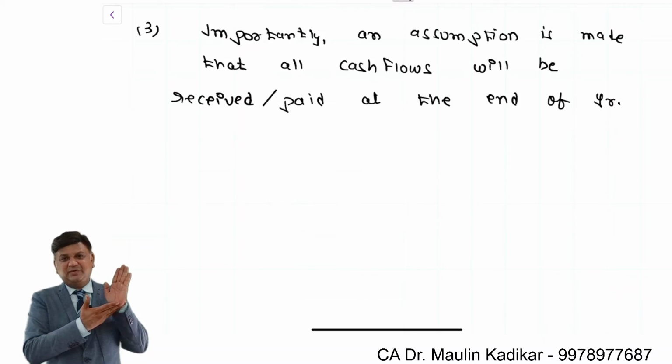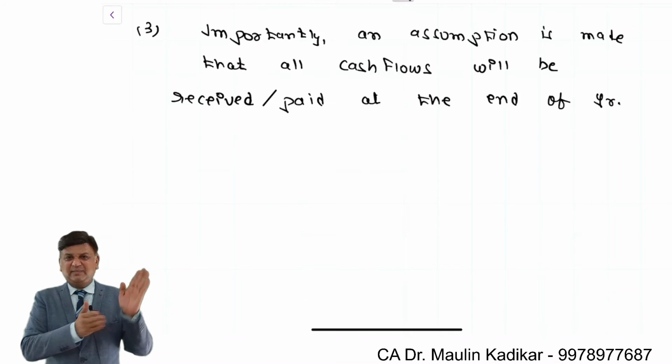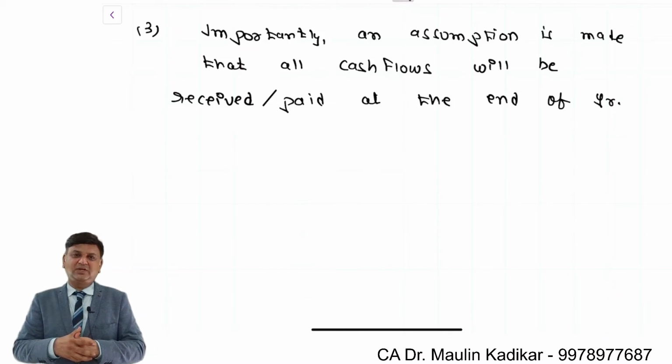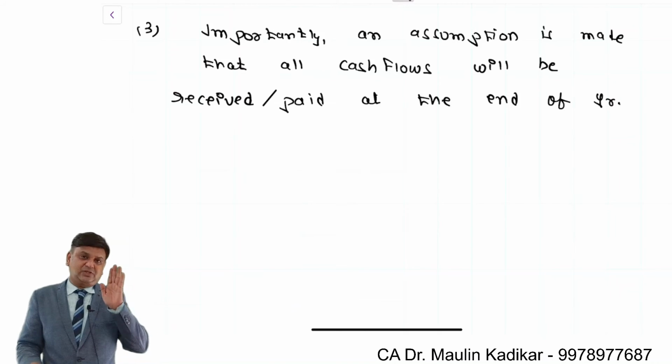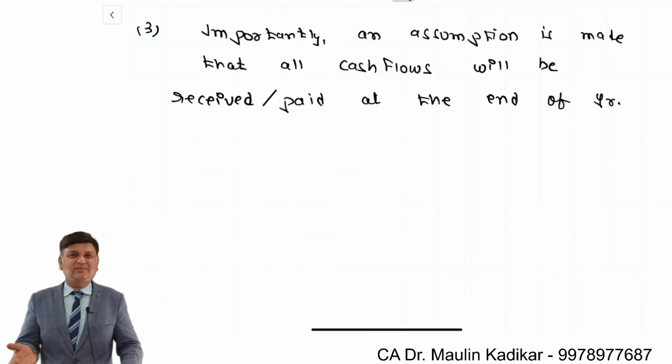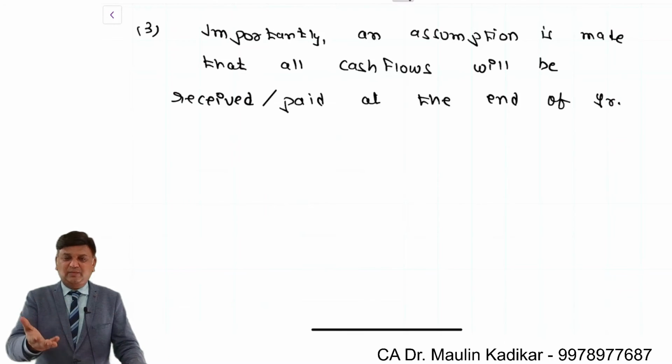You change your accounting assumption, your profit will change. You change your accounting method, your profit will change. So profit can be easily manipulated, but cash flow is not. That is the reason we should take the decision based on cash flows rather than profit.